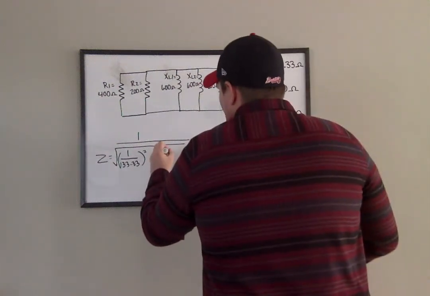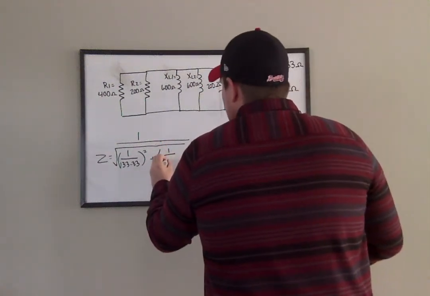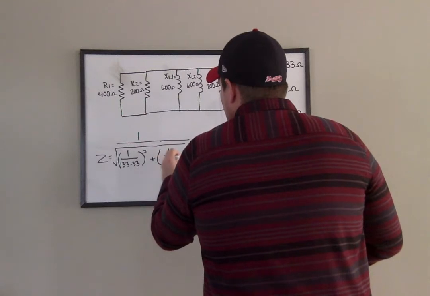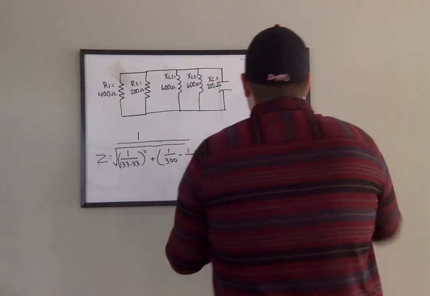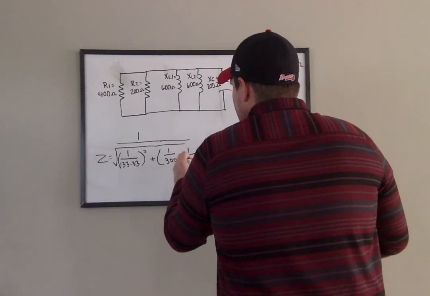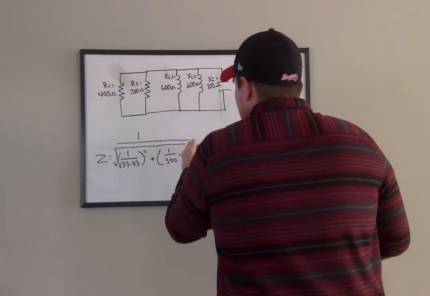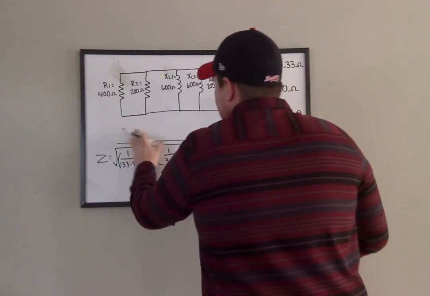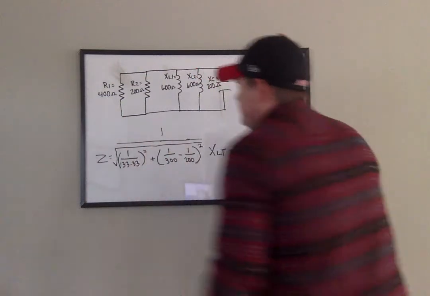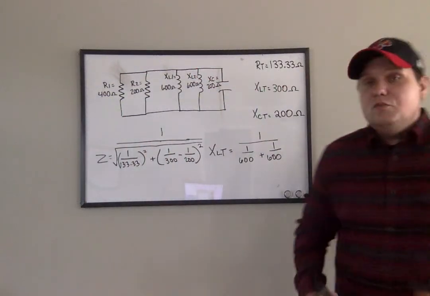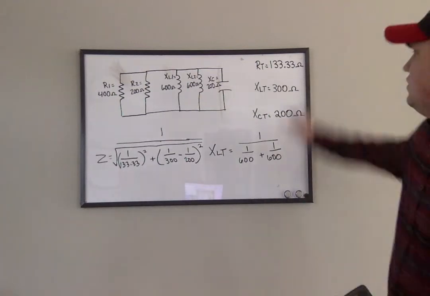So that's going to be 1 divided by 300 minus 1 divided by 200, and then squared. So that's what my formula actually looks like.